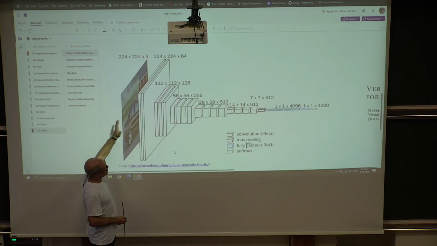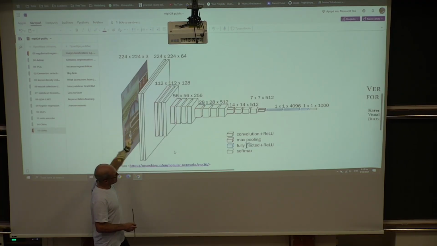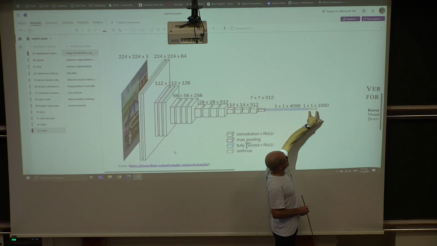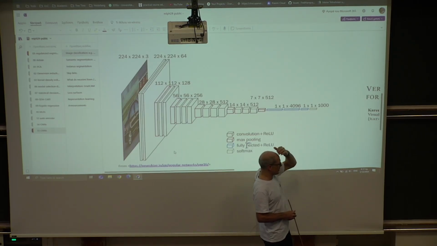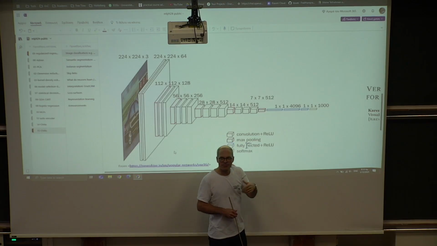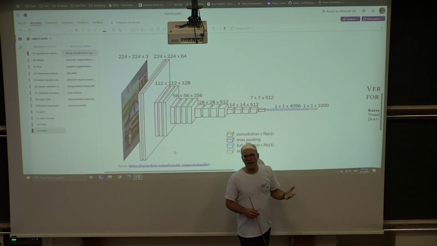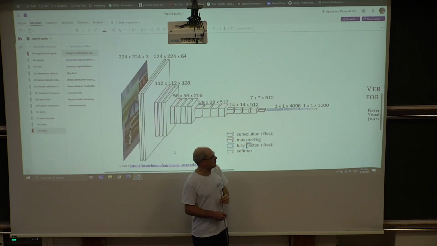So we put in a large image, and we want to come out here with a one-hot vector. So this vector has 1,000 entries. And for this particular problem, where we try to predict 1 out of 1,000 classes, we put in any image, and then we look at which elements of this vector are largest. And all elements are between 0 and 1, and they sum to 1.